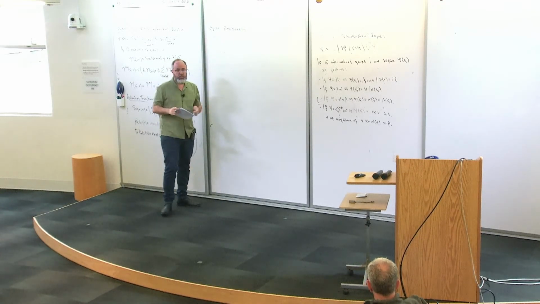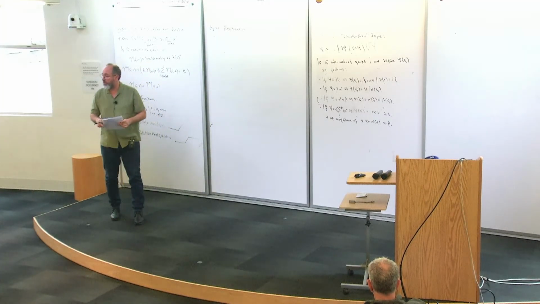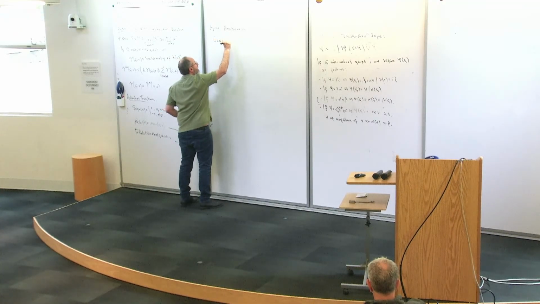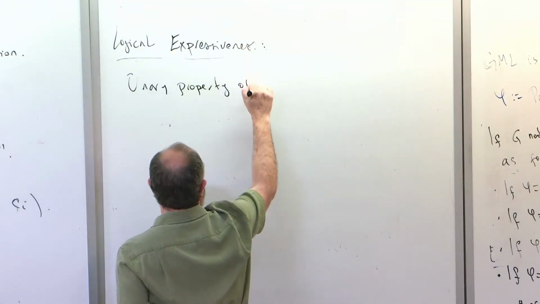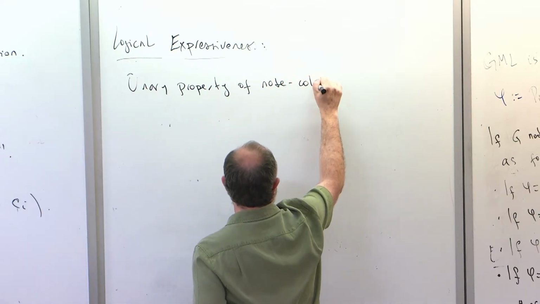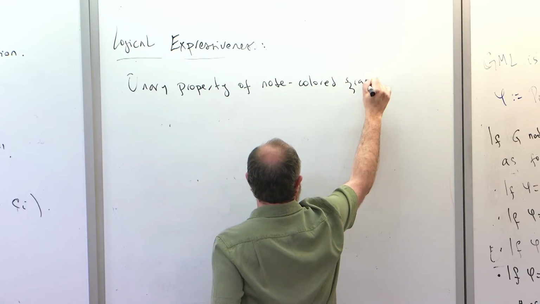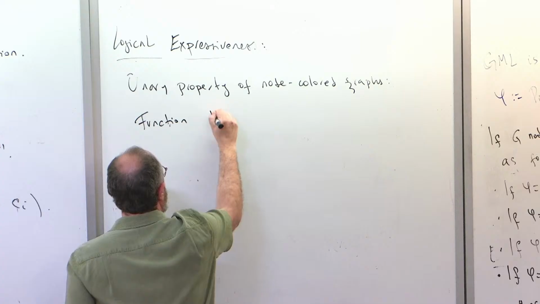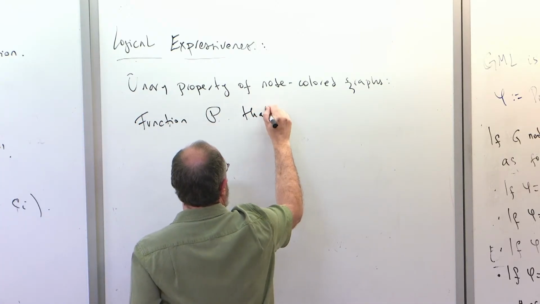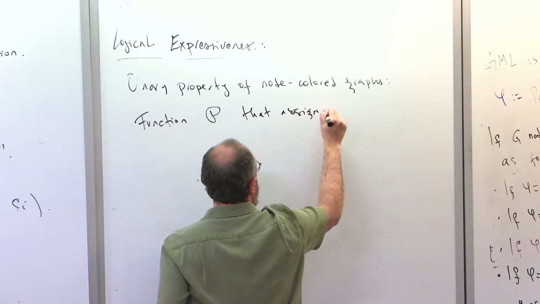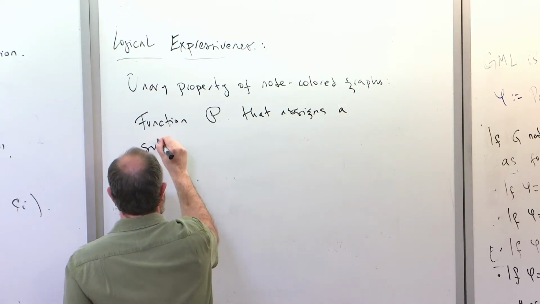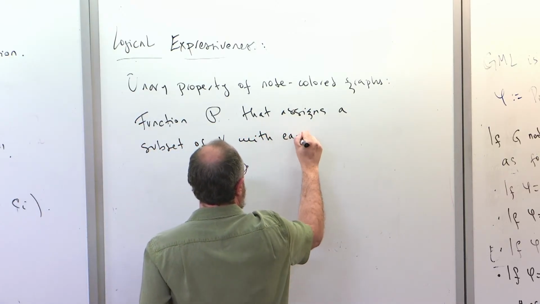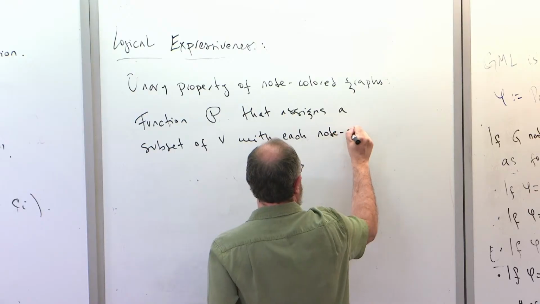So to understand logical expressiveness, we need to talk about unary properties of node color graphs. A unary property of node color graphs is a function P that assigns a subset of V with each node color graph.